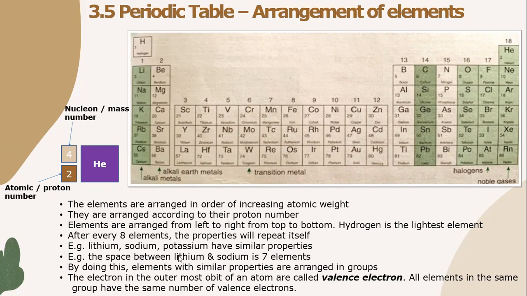And the space between lithium and sodium is 7 elements. By doing this, elements with similar properties are arranged in groups, and the electrons in the outermost orbit of an atom are called valence electrons. All elements in the same group have the same number of valence electrons.